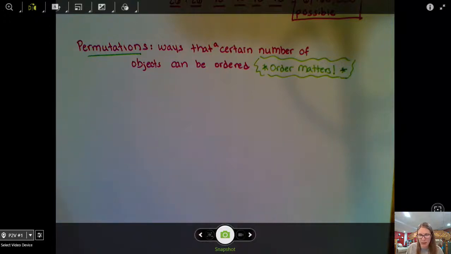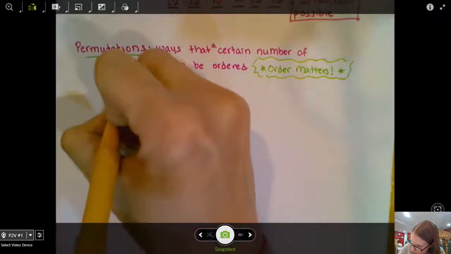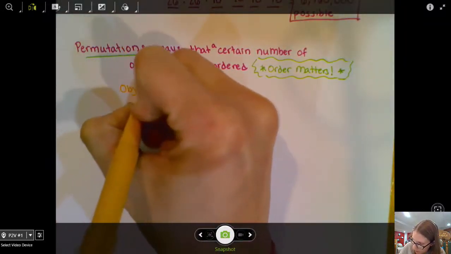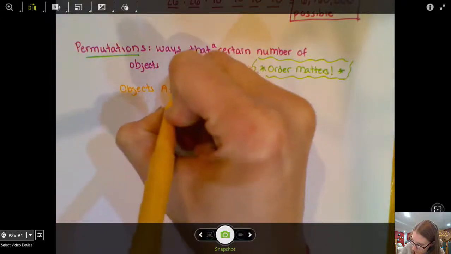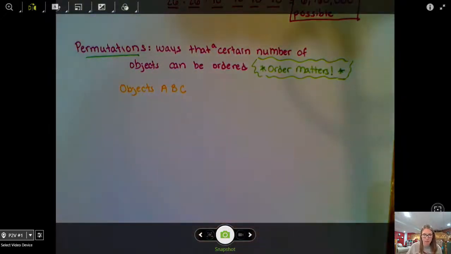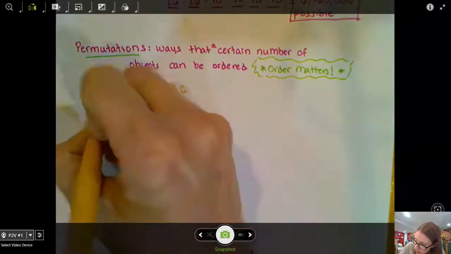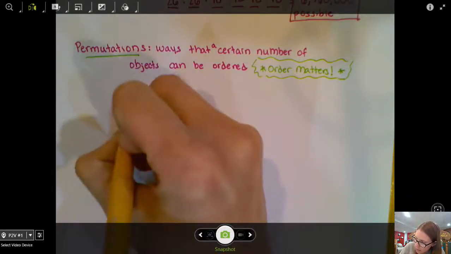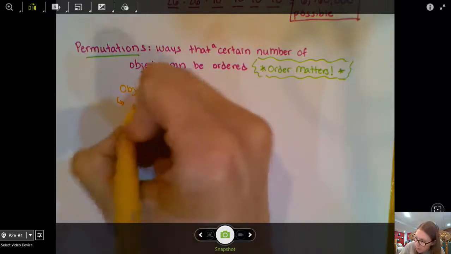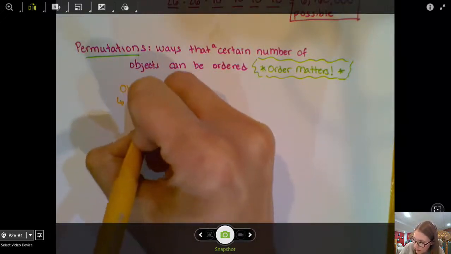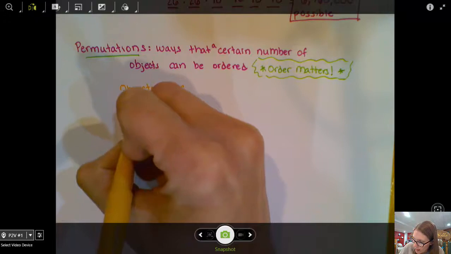All right, so let's think about this for a second. If we have 3 objects, I'm going to say I have 3 objects, objects A, B, and C. Let's list out the different ways that these objects could be arranged. I could start off with object A. And if I have object A, then I could go ABC or ACB.